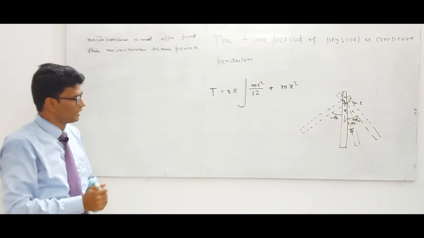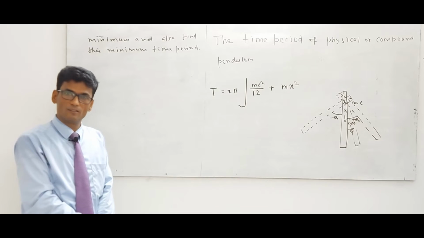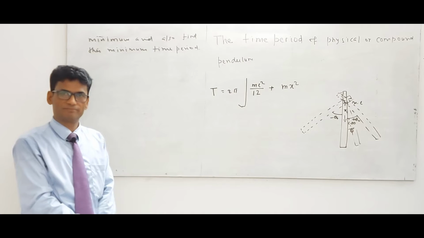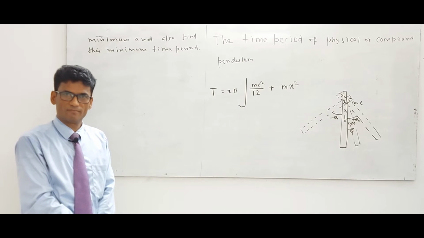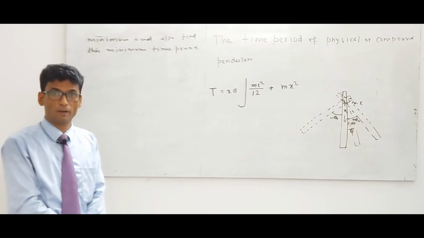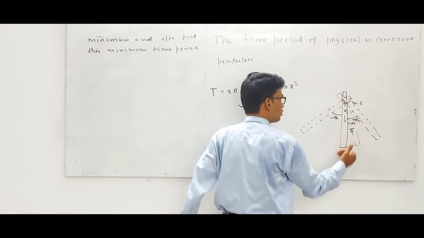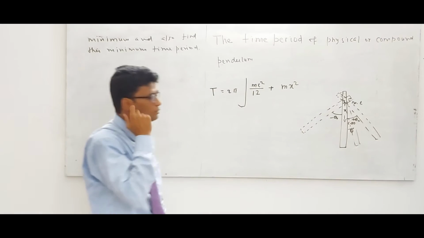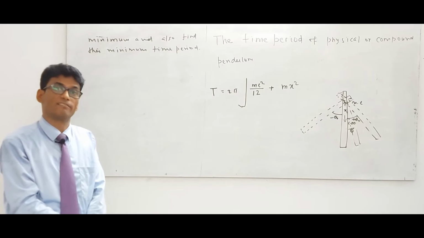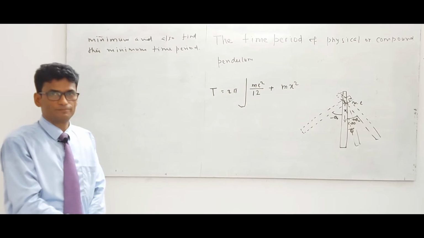Because this time the suspension point is not at one of the ends. You may call it an edge, but an edge may be this way or that way, so it is not good to say. It is better to say not at one of the ends, in fact. So this time it is not so.